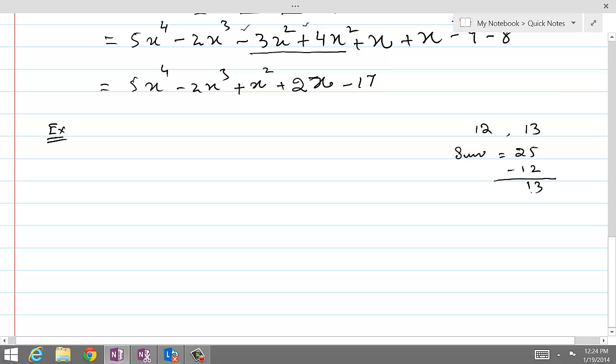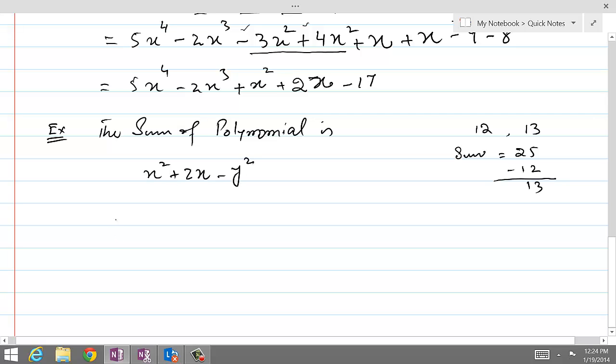Similarly, sometimes we are given the sum of polynomials, and from the sum, if we take away one polynomial, then we can get the second polynomial. So the question here right now is: the sum of polynomials is x square plus 2x minus y square.